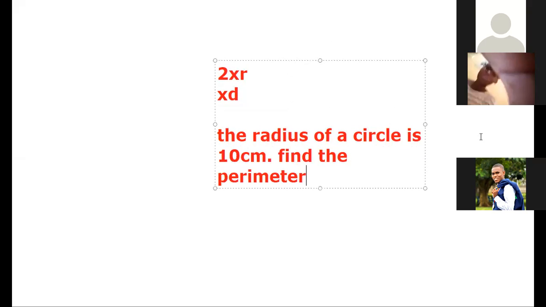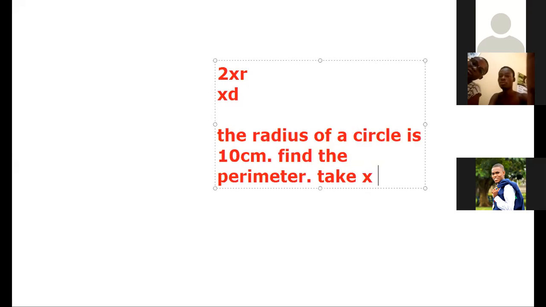In the chat box. Find the perimeter. This one shouldn't take you like 5 minutes, crowd. So take pi to be 22 over 7.